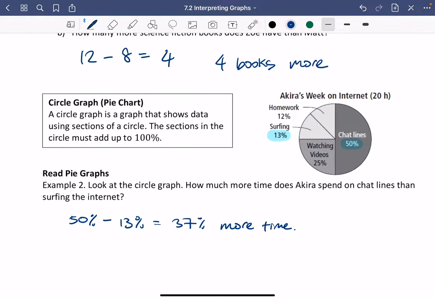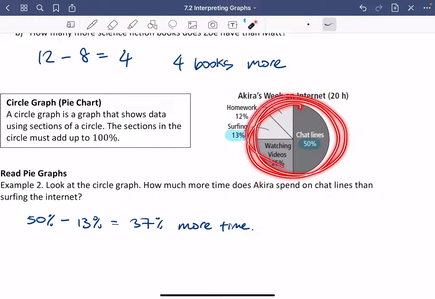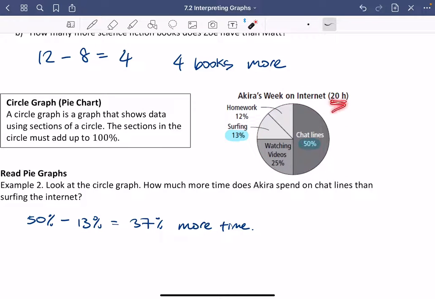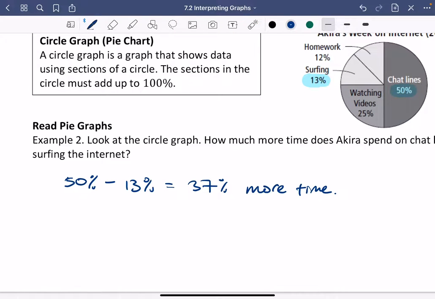Now you can see that the title here says Akira's week on internet. So the total time that she spent on the internet is, sorry, not 20%, 20 hours. So it says 37% more time, but it's not in hours. We want to find how many hours there are. That's 37% of 20 hours.